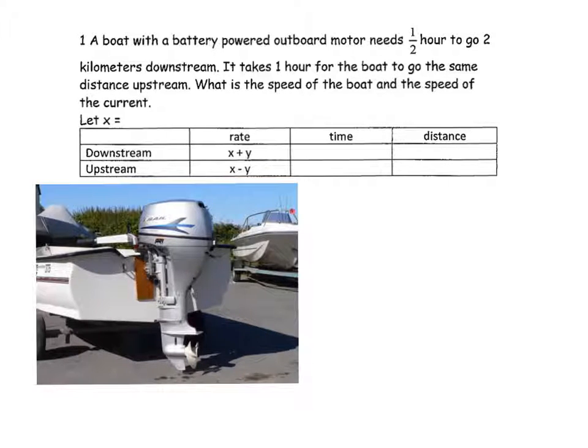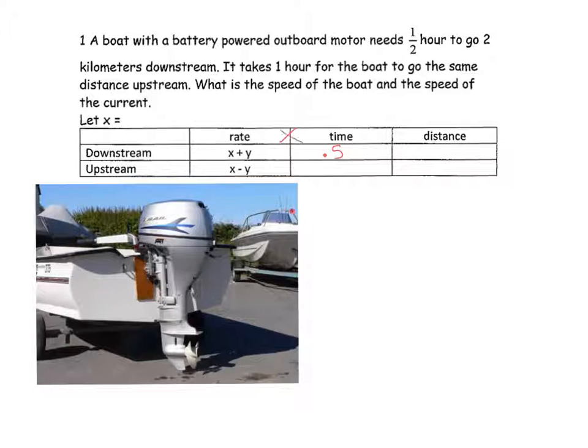What do you guys think? What am I going to put for my time? How long does it take me to go downstream? Read the sentence. What does it say? Half an hour. How do I write that in math? Decimal's best. Please put 0.5.